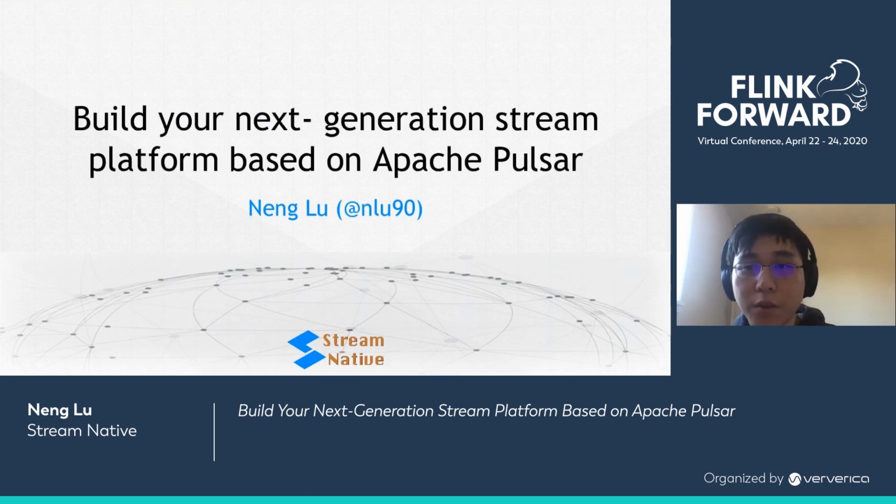So I see one question asked previously. It's about the advantages of using Pulsar over Kafka. To my limited understanding, a very different feature for Pulsar is the separation of storage and computing. So you don't have to worry about provisioning.